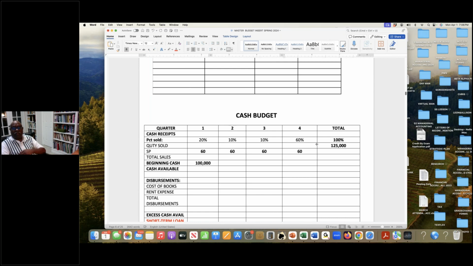So we noticed the number 125. So what's 20% of 125? What's the quantity sold going to be? 25,000. Selling price is 60. So what's our total sales going to be? 1.5 million.